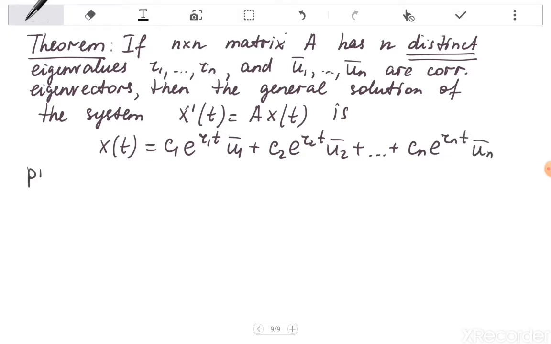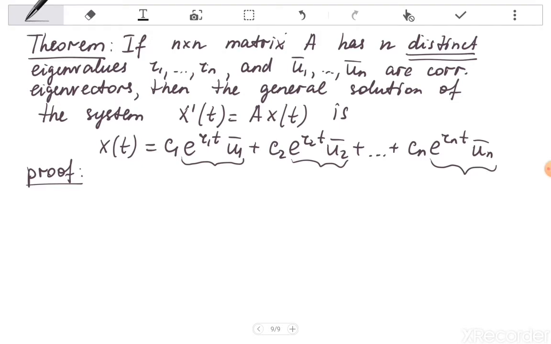Let's prove it. As you remember from the previous lecture, to find the general solution of the system, we need to find n linearly independent solutions, right? And this theorem says that these linearly independent solutions are exactly these functions here.